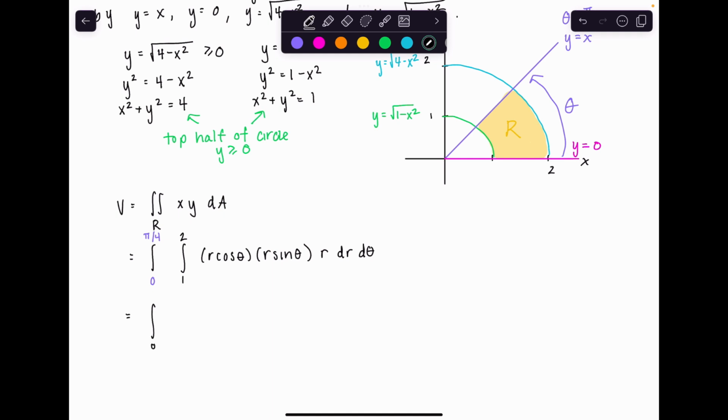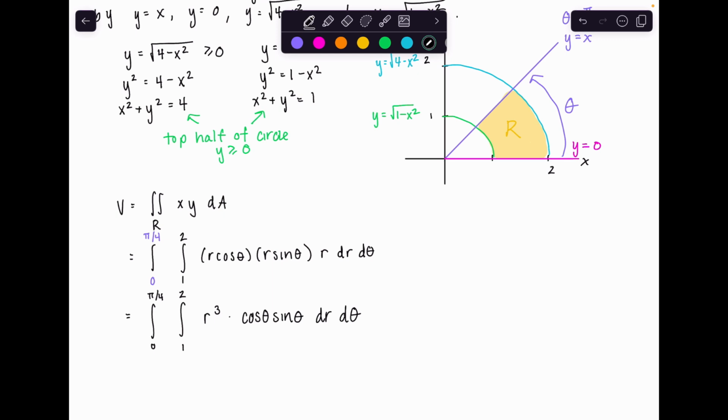I'm going to clean up the inside a little bit before I try to do so because I've got too many r's all over the place. I have r, so we really have r cubed. And then we have cosine of theta times sine of theta. And then the beauty of this, again, is I've got constant bounds.